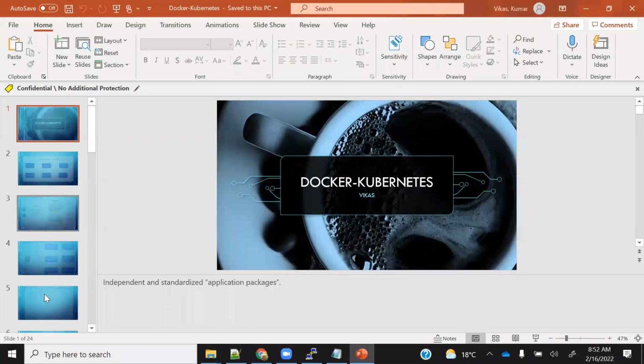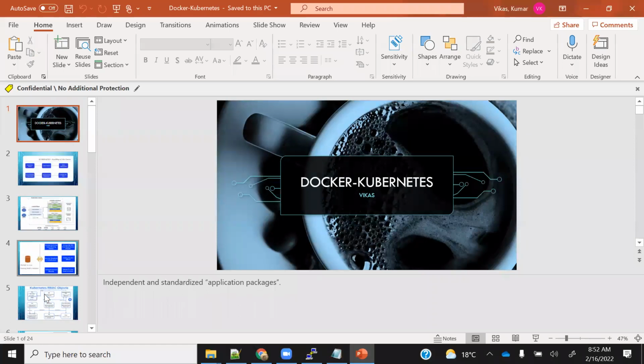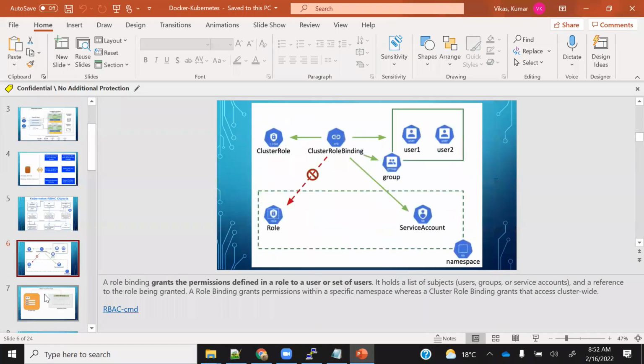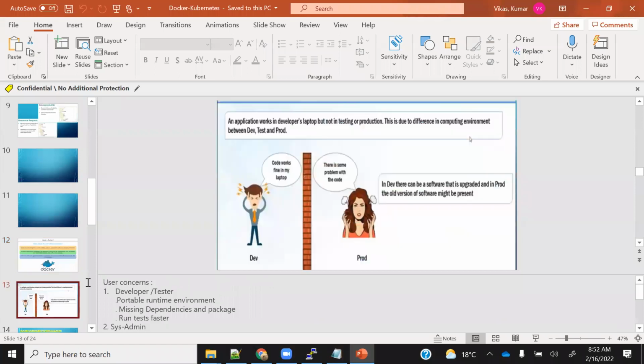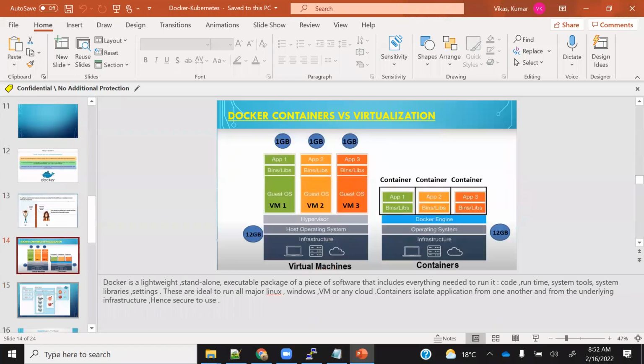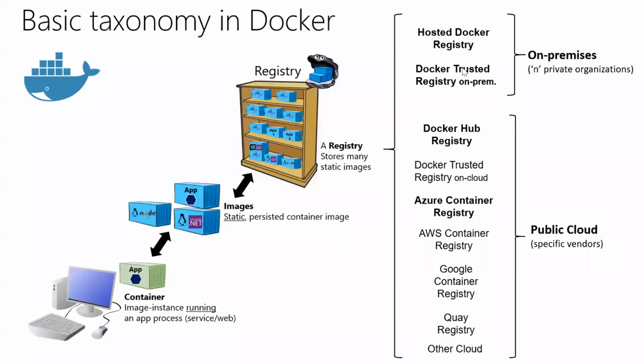See, in a real-time scenario, it is not like Docker Hub is the only one providing the services. When you talk about Docker Hub, you have many vendors like Azure has one, AWS has one, Google has one.